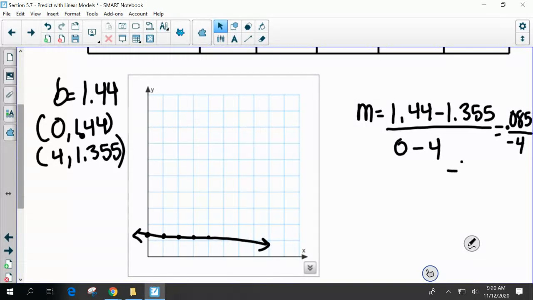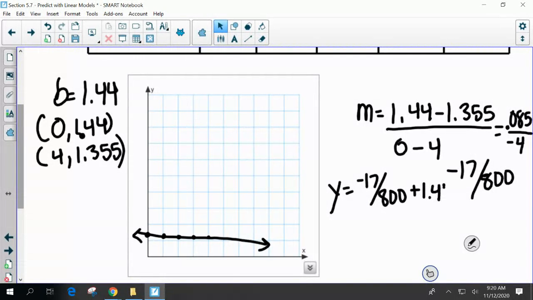Okay, I end up getting, when I change it to a fraction, negative 17 over 800. So my equation would be y equals negative 17 over 800 x plus 1.44. And the reason I change it to a fraction is because it's a little more accurate than rounding. Forgot the x. I did.